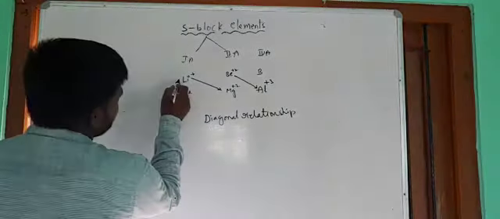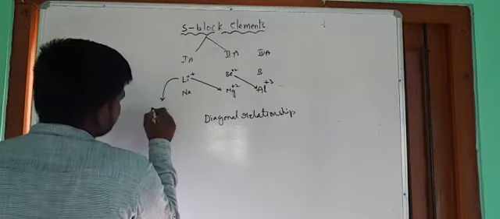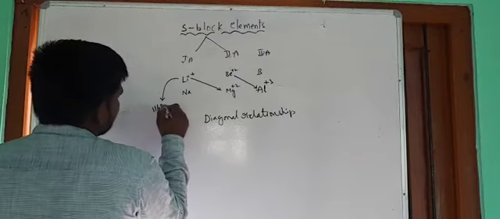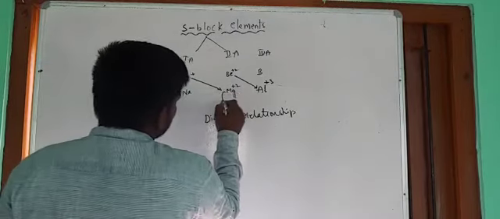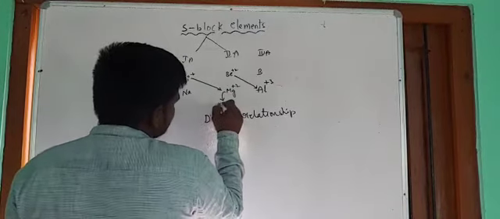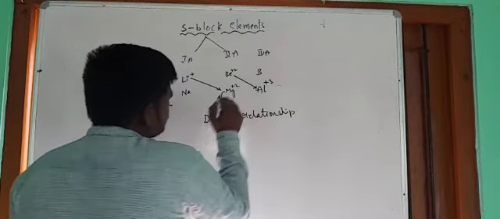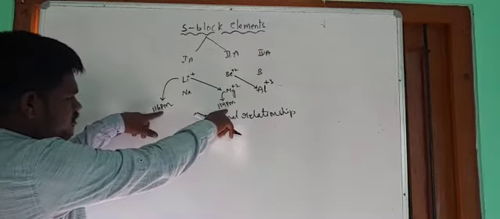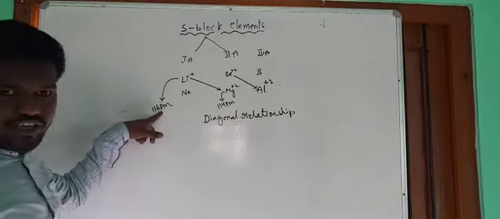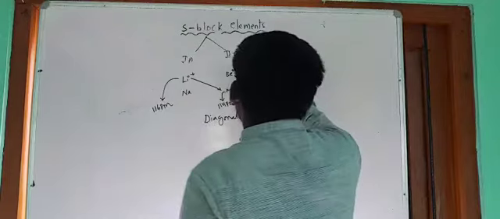If you take Al3+, its ionic radius is 116 picometers, and if you take Mg2+, its ionic radius is 114 picometers. So now you see these two radius values are very close together. And next one here, beryllium.